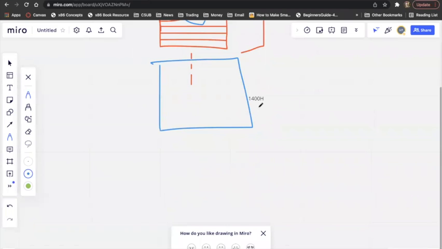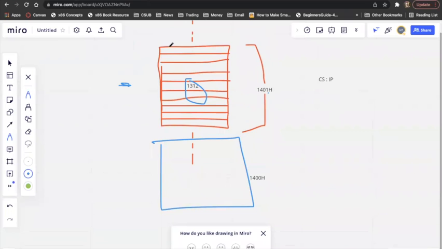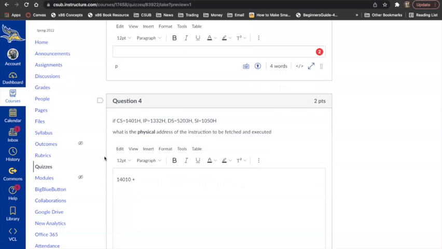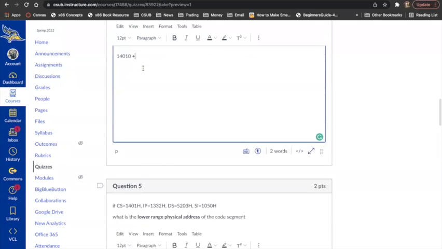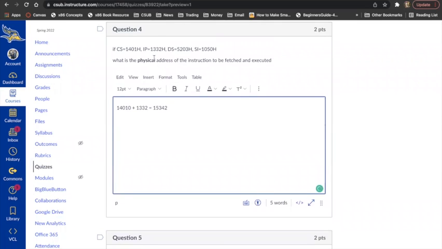If this is 1400, this is 1401, so we know that every address in this block will have a code segment of this, but we are adding some offset to this, which will be the offset of 1312. So I can just add them. That will give us 15342. That'll be the physical address of this instruction.